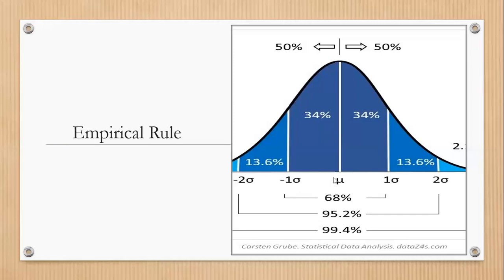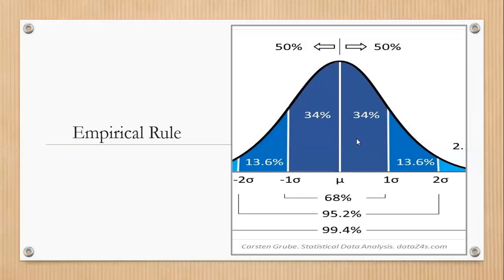Okay? Another thing, the distance from the mean to 2 standard deviations to its right is exactly 47.6% and 47.6% to its left, a total of 95.2%.